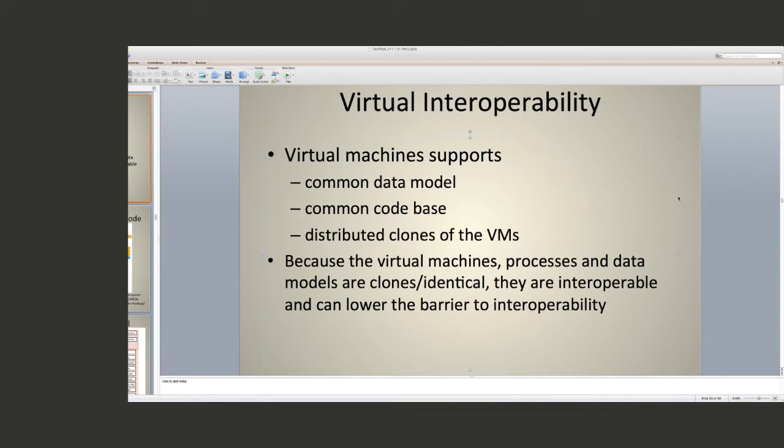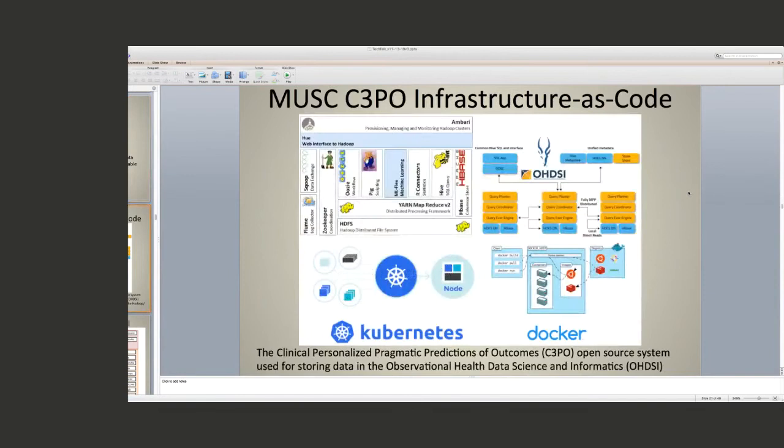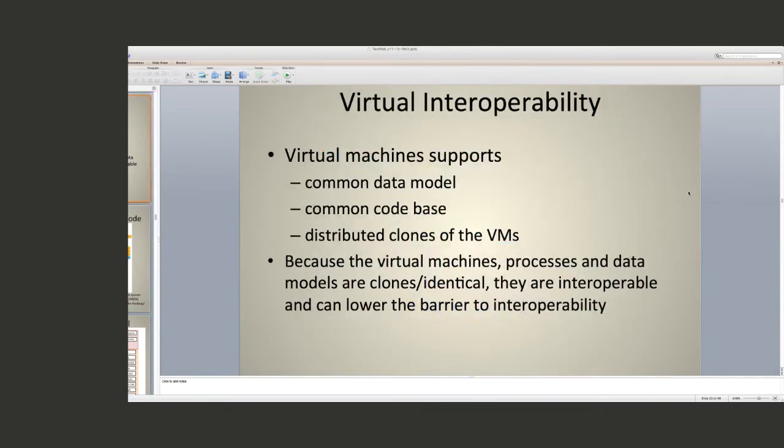Okay. So may I ask a question? Sure, go ahead. So do you need to build the common data model prior to implementing the virtual machine on each of the data systems that you have? So, if you have data in a certain model at MUSC and data at Care, do you need to build first the common data model and then implement the virtual machines?